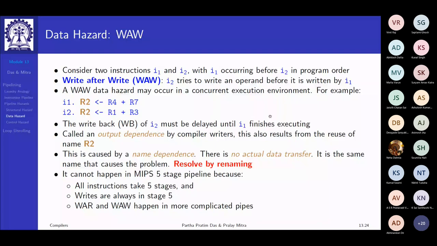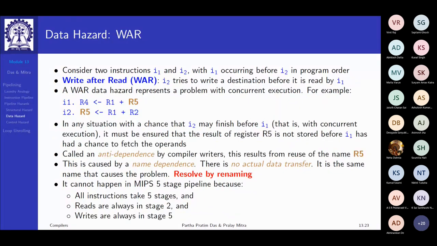Now, if I go back one slide for WAR, if you have the MIPS 5-stage pipeline, you'll see that WAR can never happen in a MIPS 5-stage pipeline, for the simple reason that you will read R5 by I1 in stage 2, whereas you will write R5 by I2 in its stage 5. So this will always, by the basic pipeline structure, happen later.